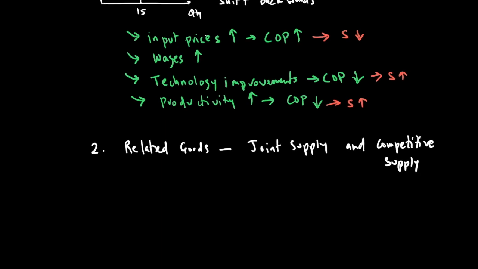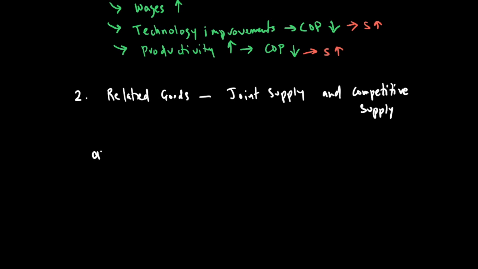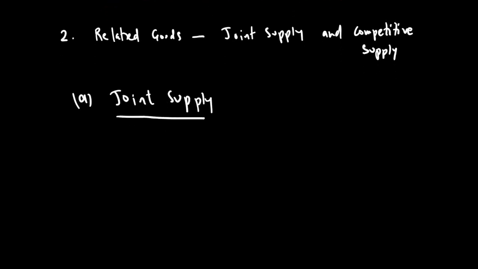So what are goods which are called joint supply? Well, some goods are what we call byproducts. Byproducts are when the production of one good automatically leads to the production of another. A good example of this could be bees honey and bees wax.